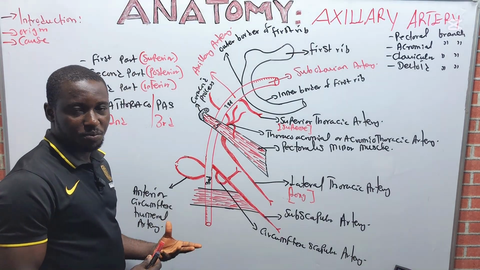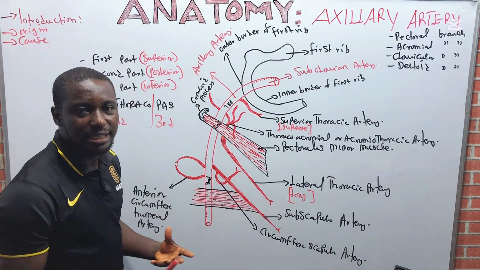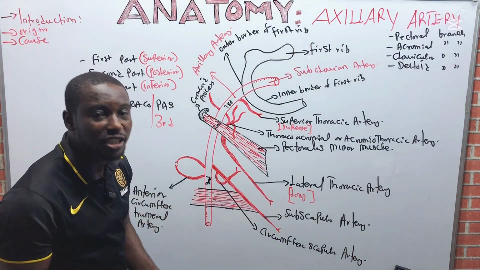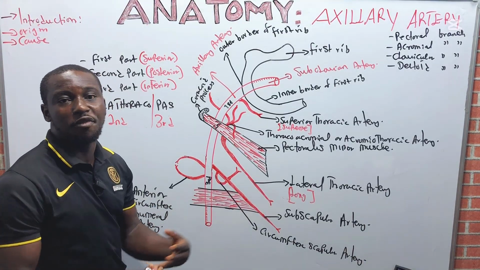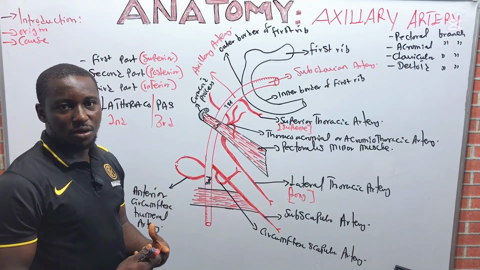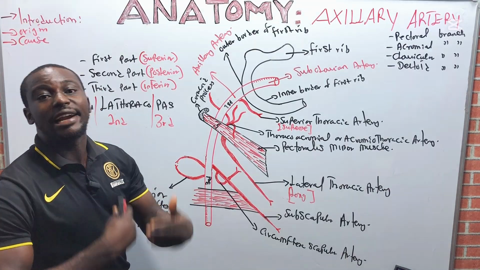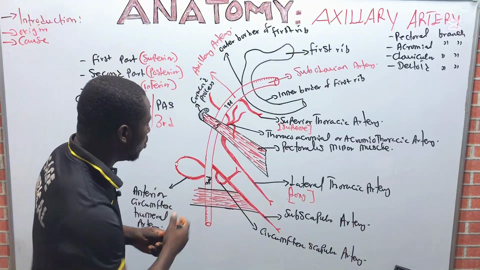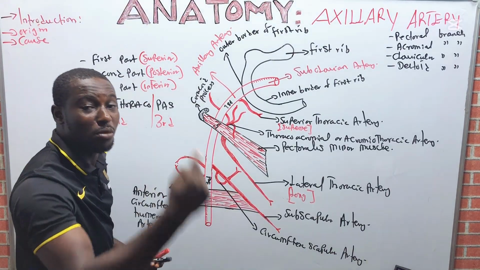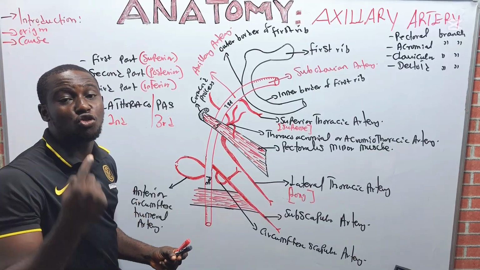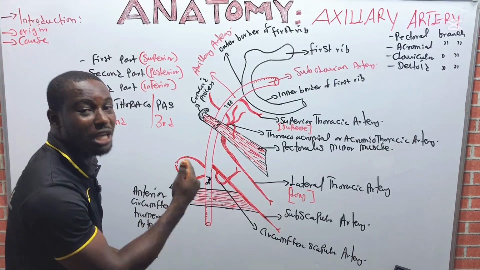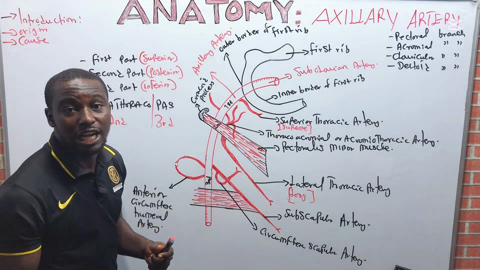This artery passes in front of the surgical neck of the humerus, where it anastomoses with the posterior circumflex humeral artery to form an arterial circle behind or around the surgical neck of the humerus. Look at the arterial circle here.